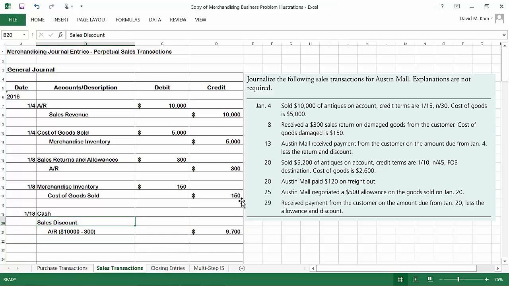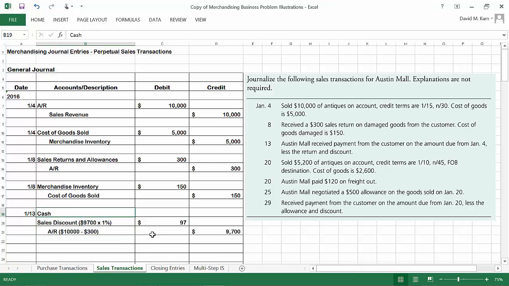Now, how much is the sales discount? Well, very simple transaction now. We know how much they owe us, so it would be $9,700 times 1%. And that comes out to be $97.